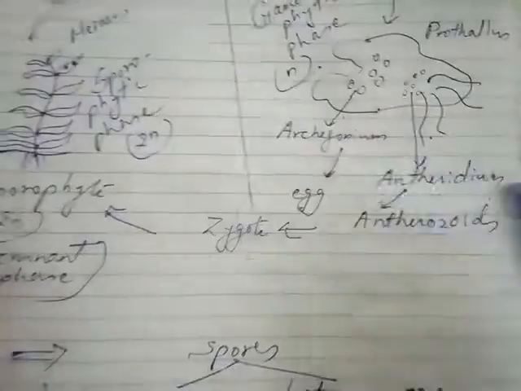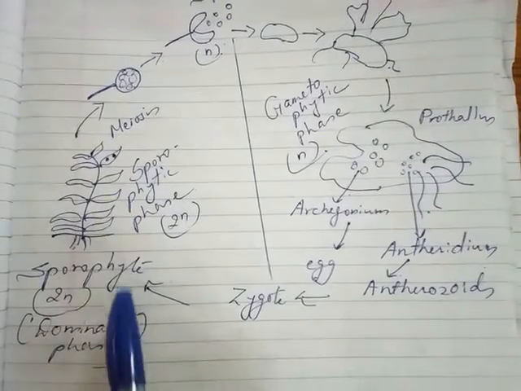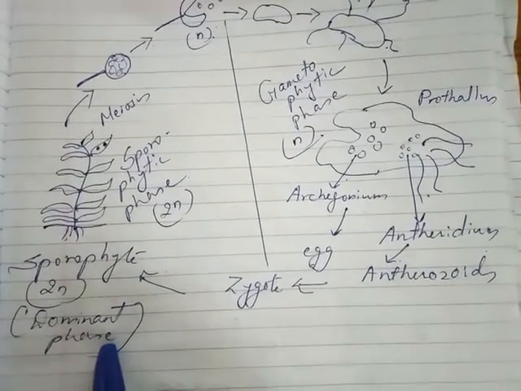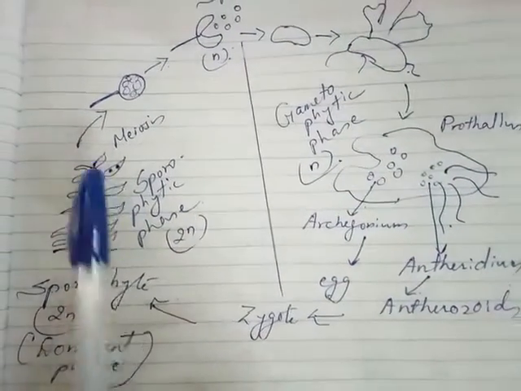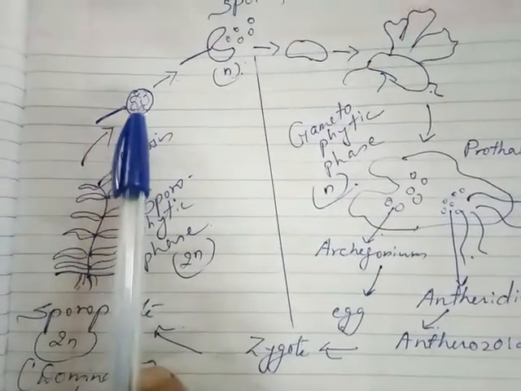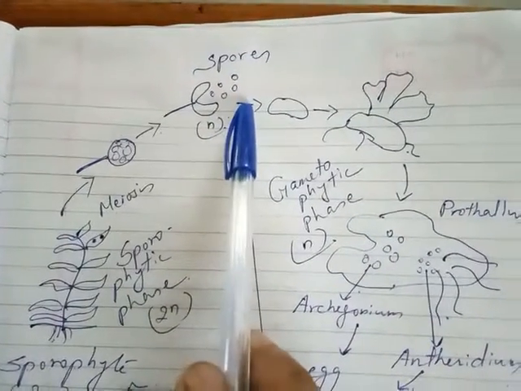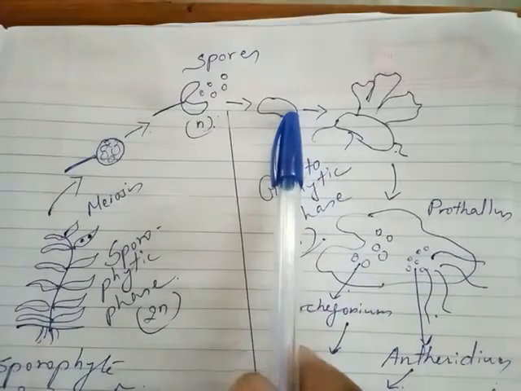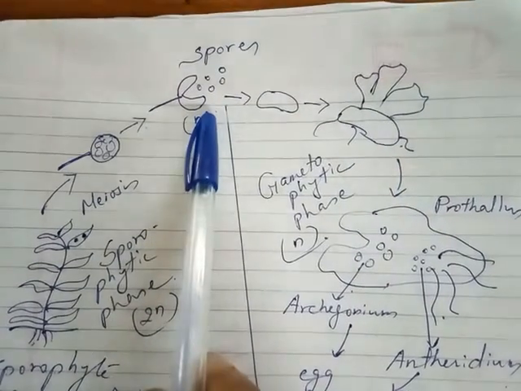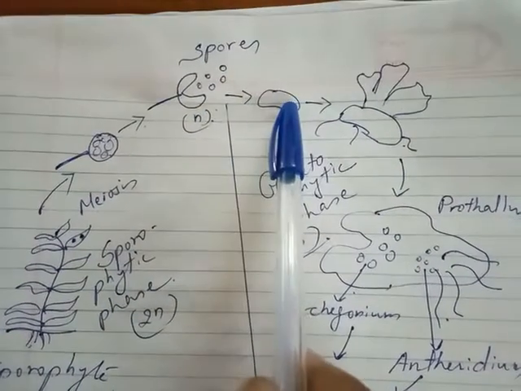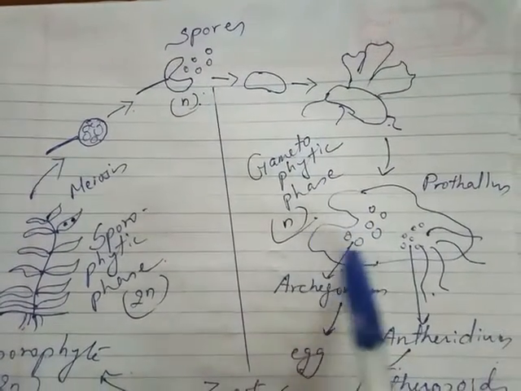Let us see this with the help of a diagram. Now this one is sporophytic stage, that is 2N, dominant phase, having root, stem and leaves, dominant 2N. This sporangia will undergo meiosis, giving rise to spores. Spores will be liberated and it grows further, giving rise to a gametophytic stage. This one is spores, are haploid. So this plant body now becomes haploid, which gives rise to a prothallus.